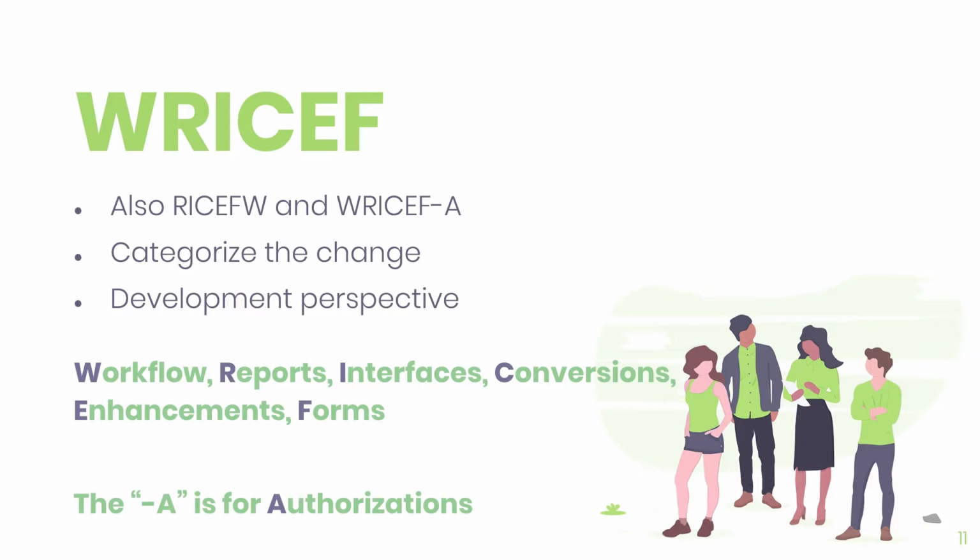Now for me, I personally like to leave that part out and just stick to Wricef. So personally, I prefer to include the authorizations as part of the additional details and considerations section in my FS document.